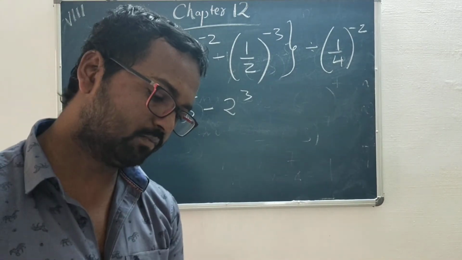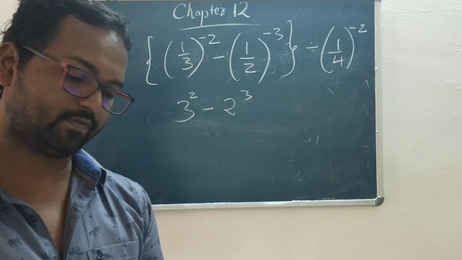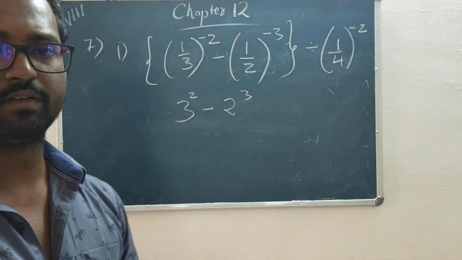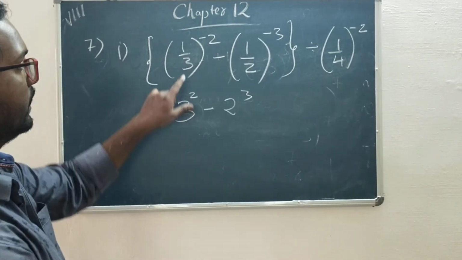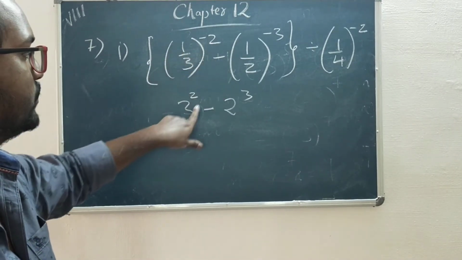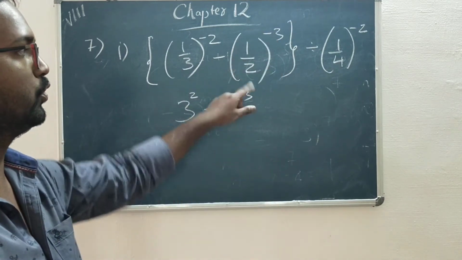In the book they have done the same thing but in a little more complex way. So this is the easiest way. With this you will get the answer very fast. So 1 by 3 to the power minus 2 is actually equal to 3 power 2. 1 by 2 power minus 3 is actually equal to 2 power 3.